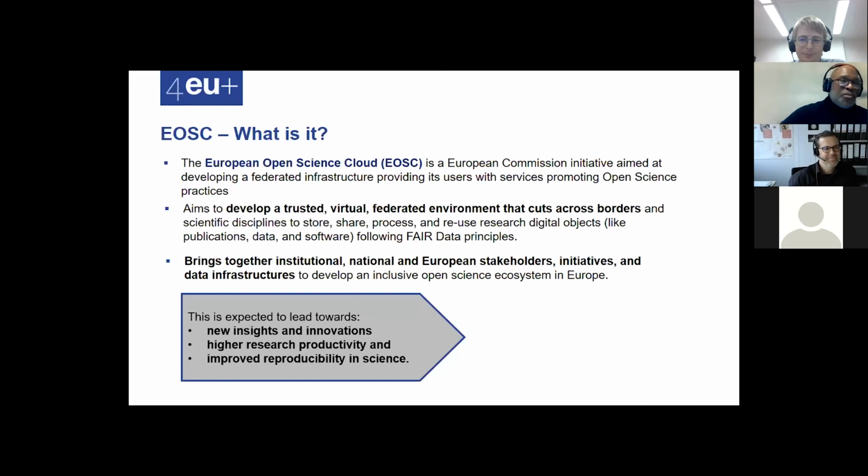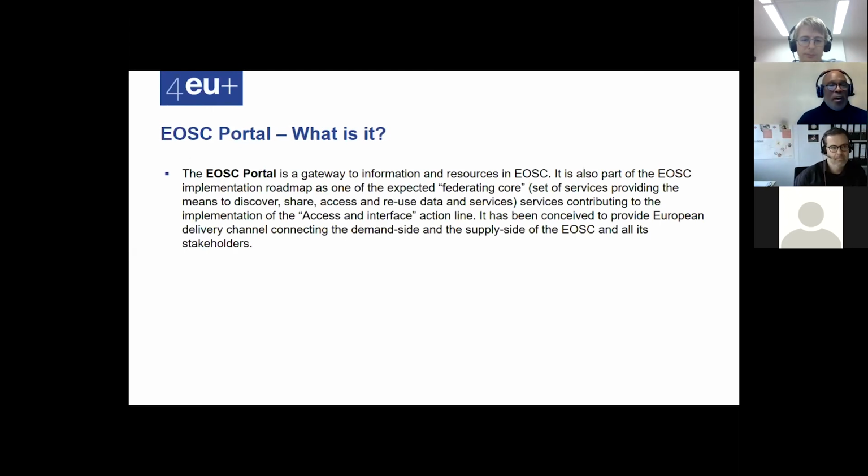One of the services already available to researchers and those interested is the European Open Science Portal. Right now the portal is a gateway to information and resources within the European Open Science Cloud.